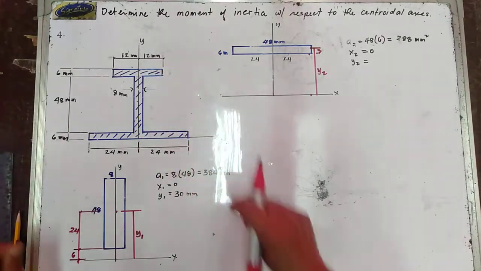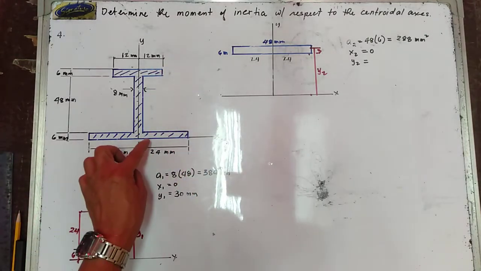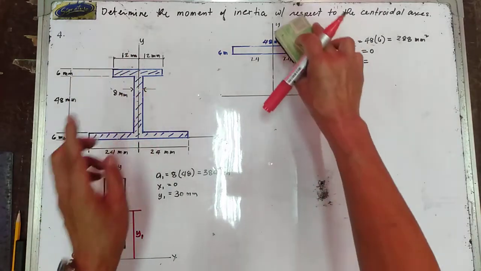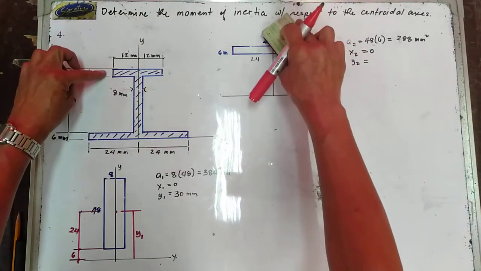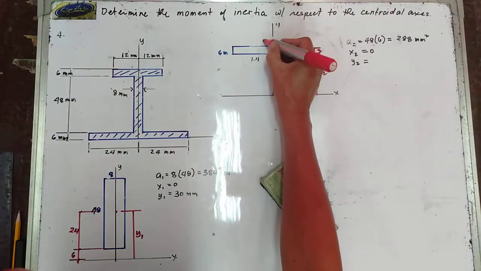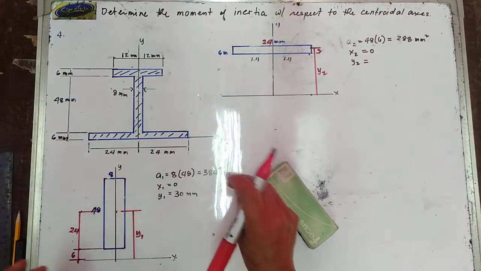So let's write to this area. So we have now your area 2. This is 24 millimeter.